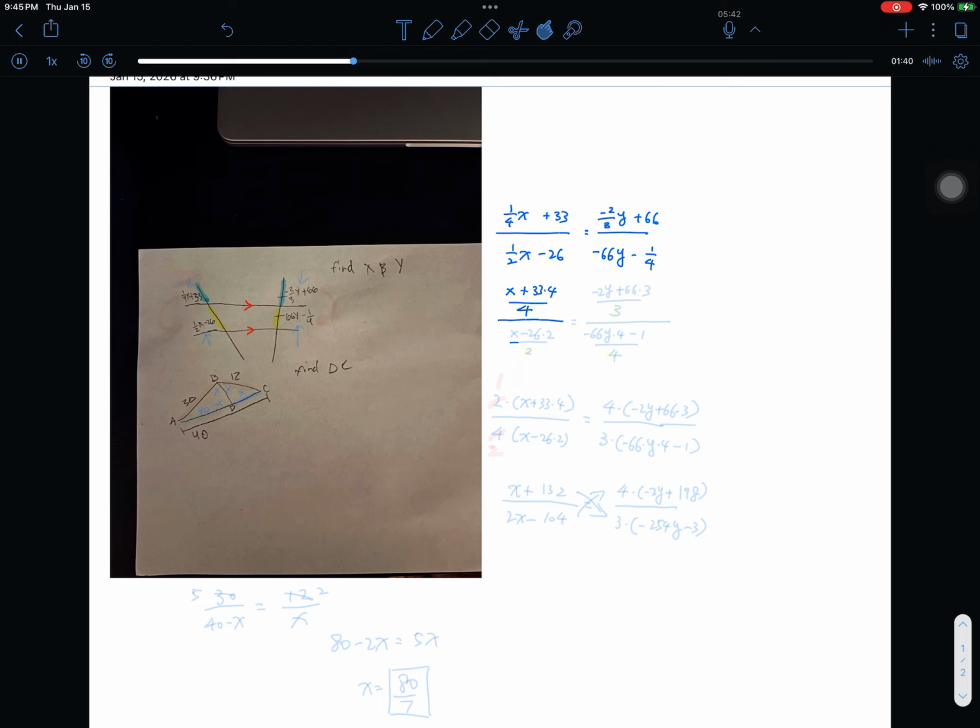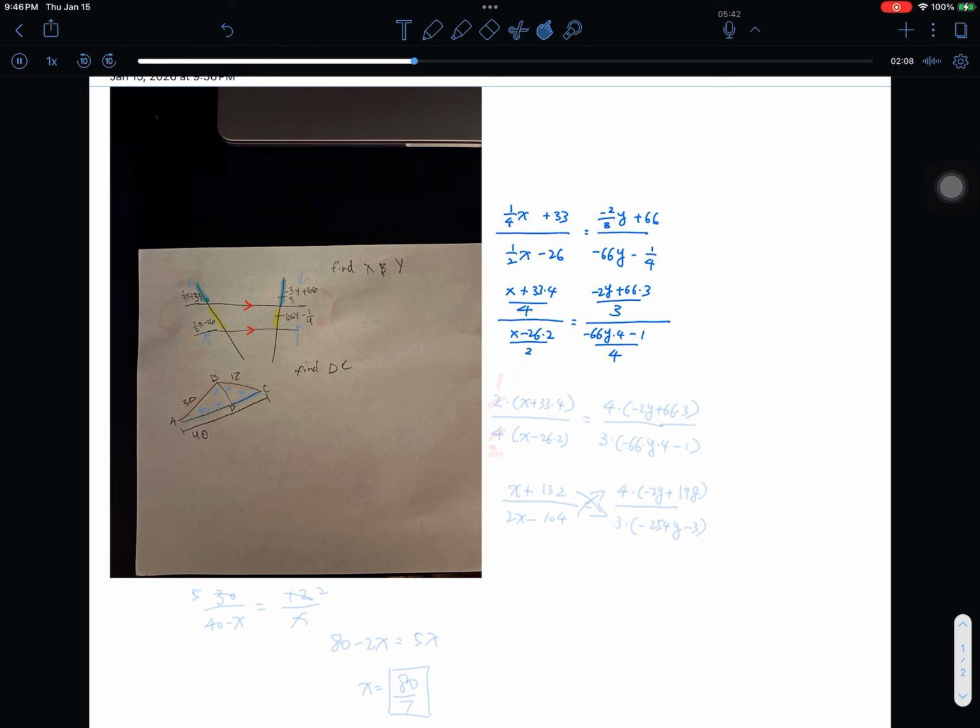And the bottom will be 2 here, and x minus 26 times 2. And on the right-hand side, that requires you to be good in algebra. 2y plus 66 times 3. And the bottom, I'm not sure if you do it right, but I'm going to write it down because the number could be very off based on your remembering of the question.